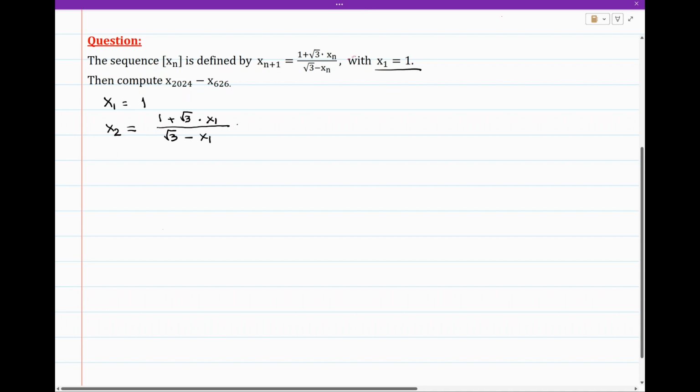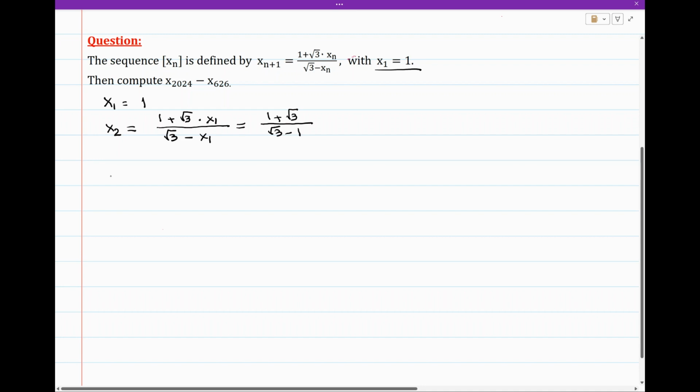If we put in the values of x1 in this, we get x2 is equal to (1 plus square root of 3) whole divided by (square root of 3 minus 1). That is because x1 is equal to 1.